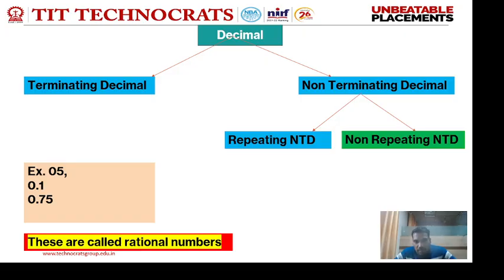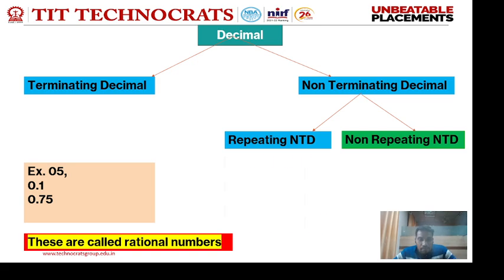Number one, repeating non-terminating decimal, and the other one is non-repeating non-terminating decimal. Repeating non-terminating decimal means the digits are continuously repeated infinitely but the decimal does not terminate. Non-repeating non-terminating decimal does not repeat any number and does not terminate.